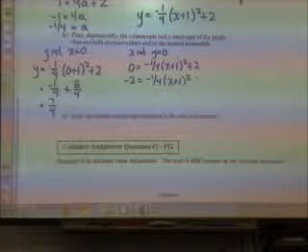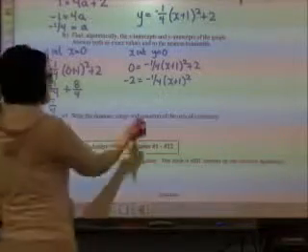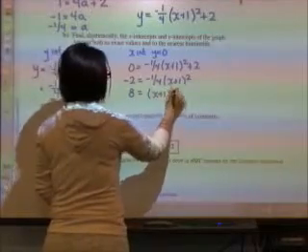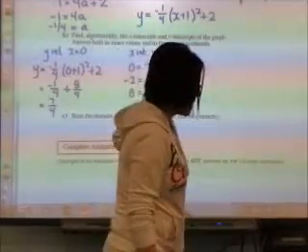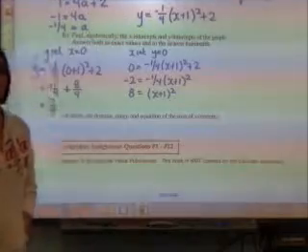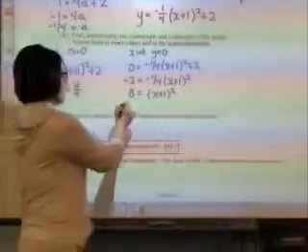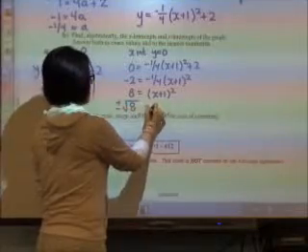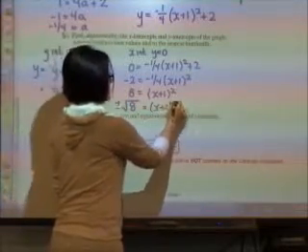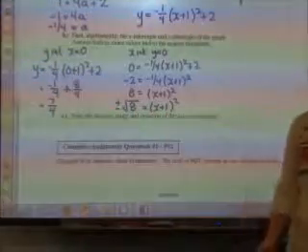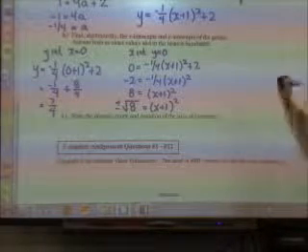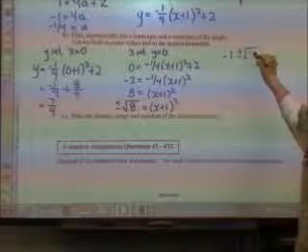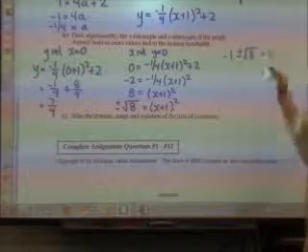Multiply by -4. Multiply by -4, so I now get a positive 8. And then what would be my next step? Square root. So I square root 8, so I get a positive and a negative. And then I would subtract by 1. So I'd write this as -1 plus or minus the square root of 8 equals x.